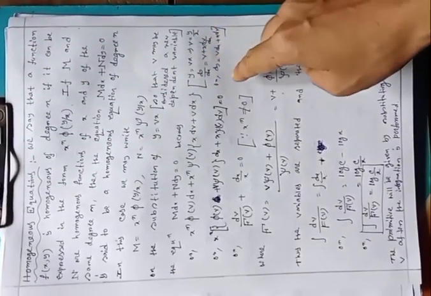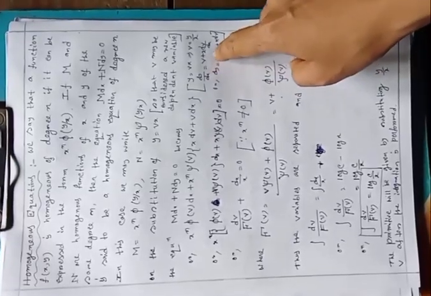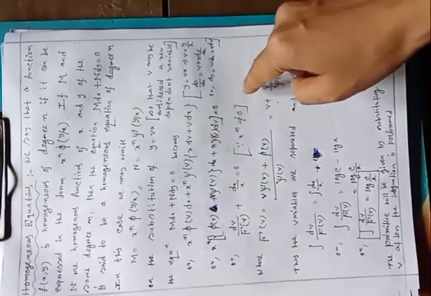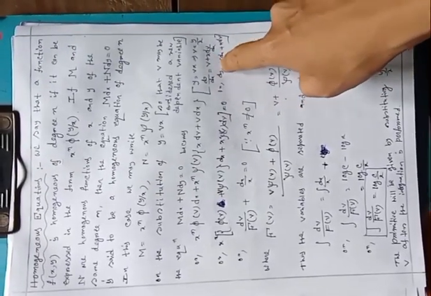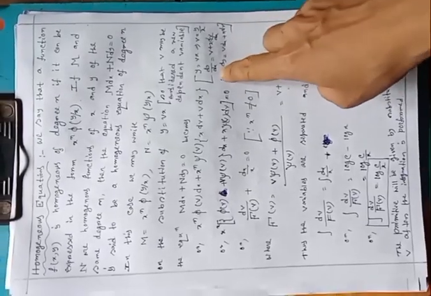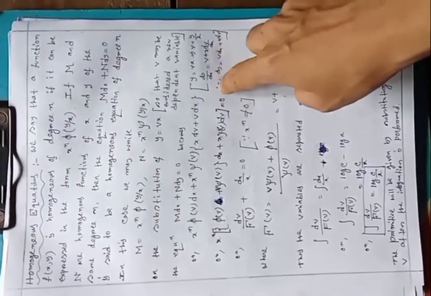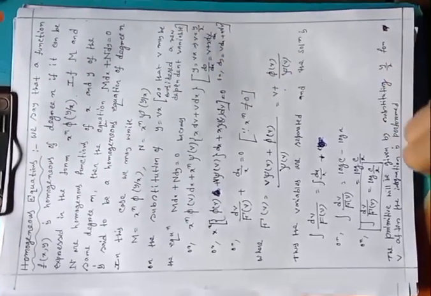So, we will get dy by dx is equal to v plus x dv by dx, or dy is equal to v dx plus x dv. We have cancelled the term dx from the denominator of both sides.